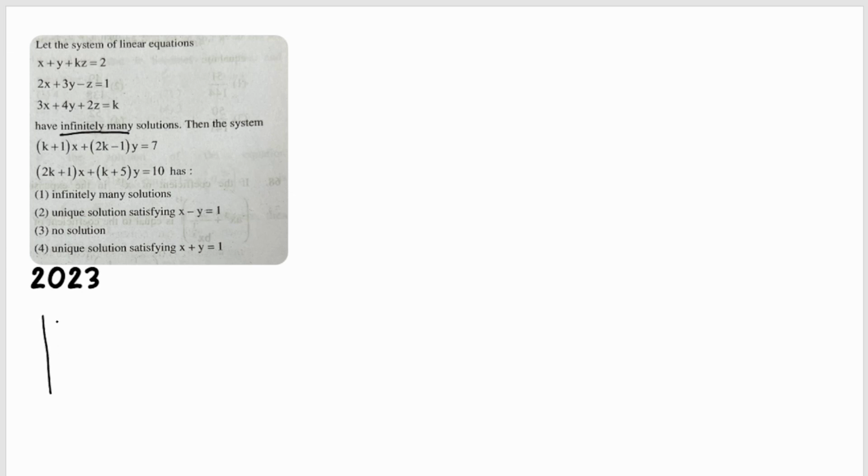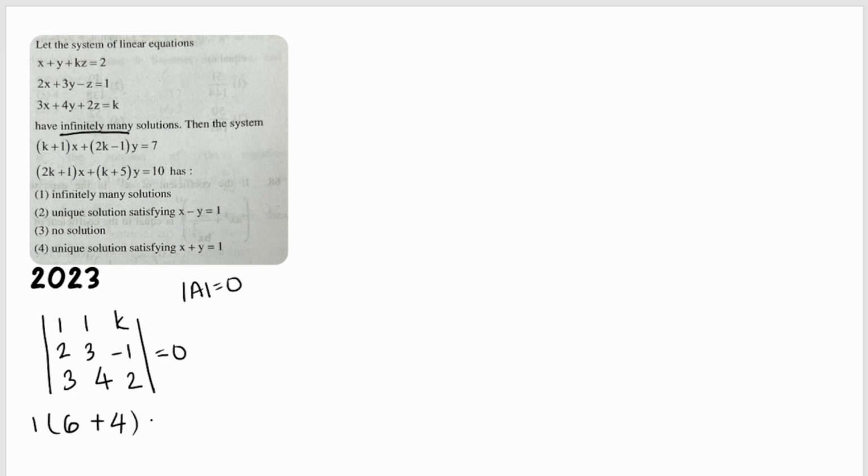For that we'll be writing the matrix A, that is 1 2 3, 1 3 4, k minus 1 2, equal to 0. Infinitely many solutions means determinant A should be equal to 0. We'll expand the determinant, that is 1 into 3 into 2 is 6, minus 4 into minus 1 is minus 4, minus of minus 4 is plus 4.